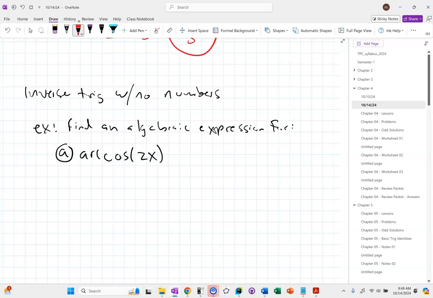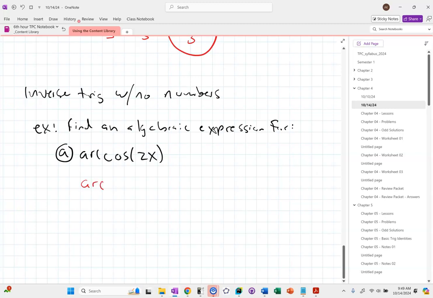So what I'm going to do is start by rewriting 2x so that it's a fraction. So I'm just going to say, okay, well, that's just going to be 2x over 1. Everybody's okay there? Now, arc cosine is giving me an angle theta, right? That's what we're getting from it.